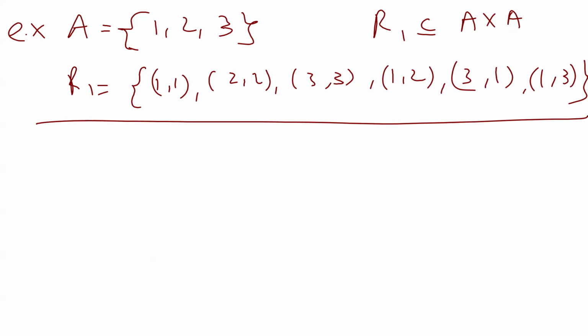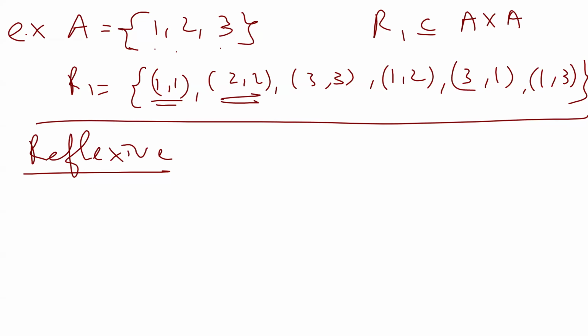Now, first part, reflexive. There are three objects: 1, 2, 3. So all three ordered pairs are present: (1,1), (2,2), (3,3). So is it reflexive? Yes, it's reflexive.